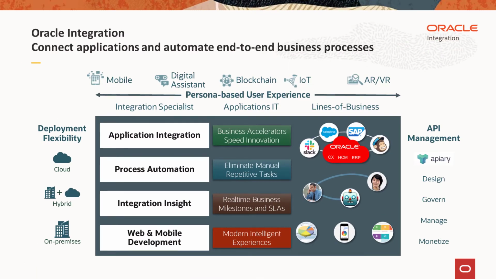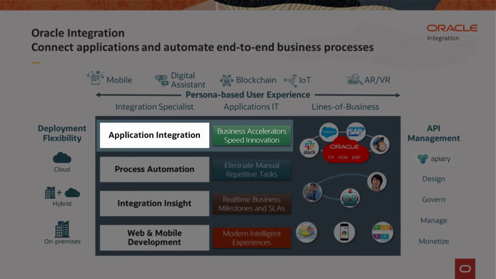As part of Oracle Integration, we offer a number of different services that enable you to look at your digital transformation processes from an end-to-end business process perspective. We allow you to do application integration, which allows you to connect your different applications and automate end-to-end integration processes.